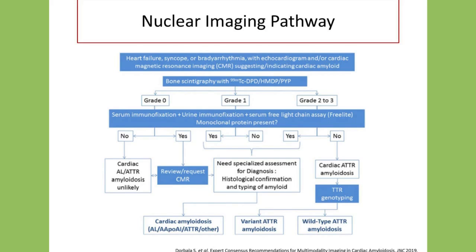This helps with understanding where the patient falls when they present after the PYP study is performed, based on the grading. And the most important part of this that we like to stress is that you really want to look at the results of the PYP study in conjunction with the serum, urine, and blood information to help decide if there are monoclonal proteins present, to help determine whether this is considered AL or ATTR, and how we diagnose.